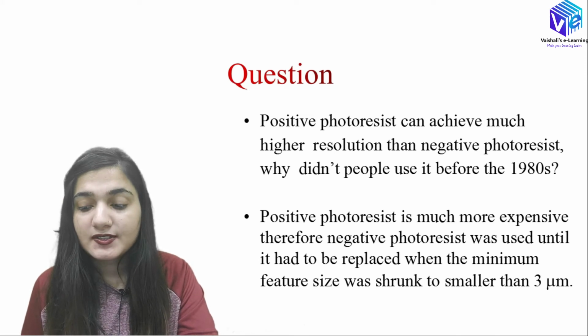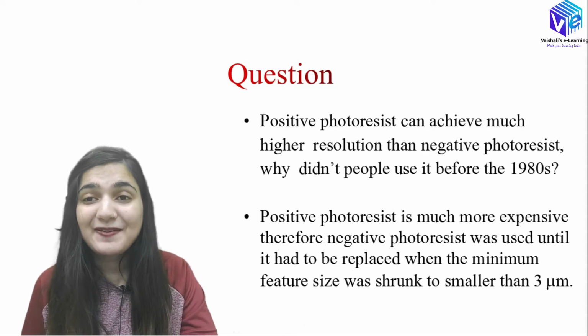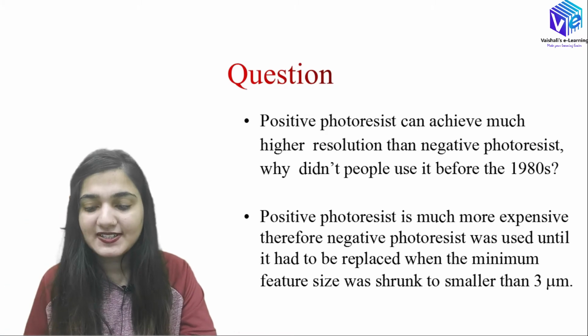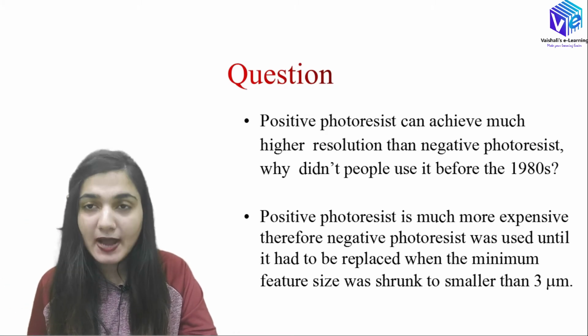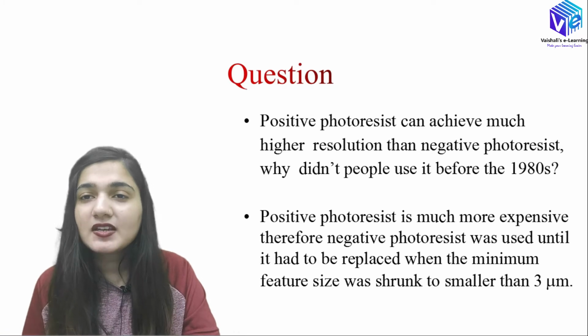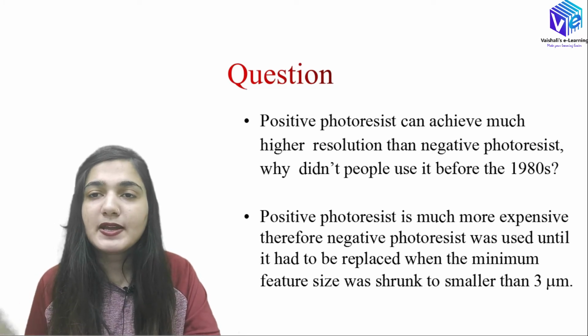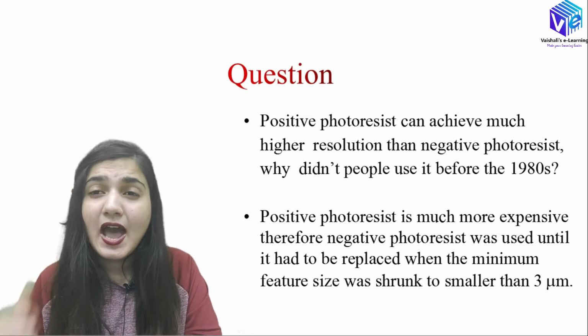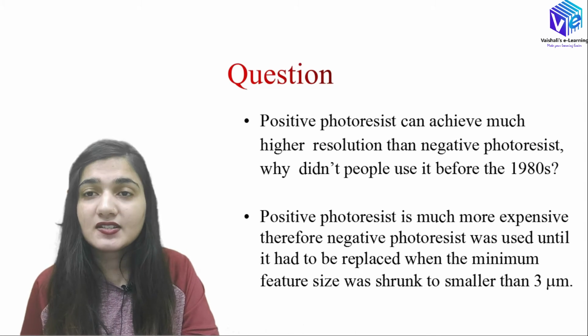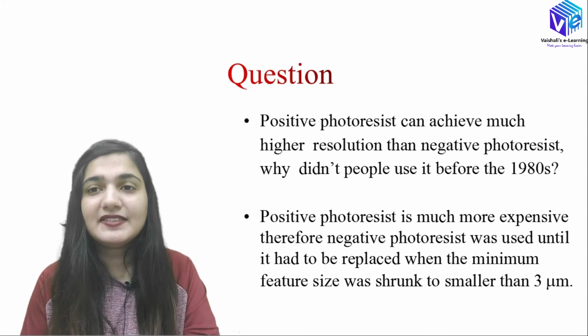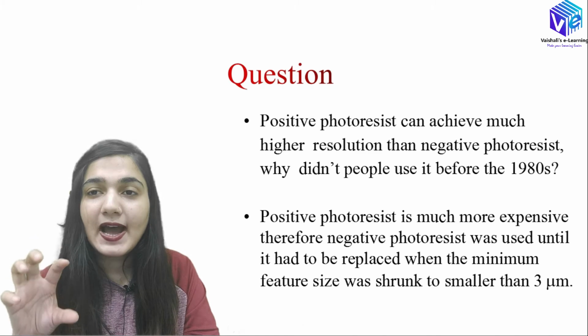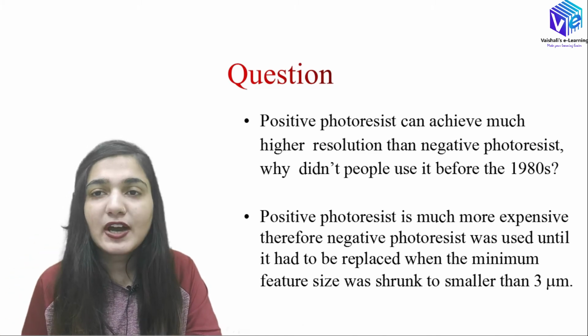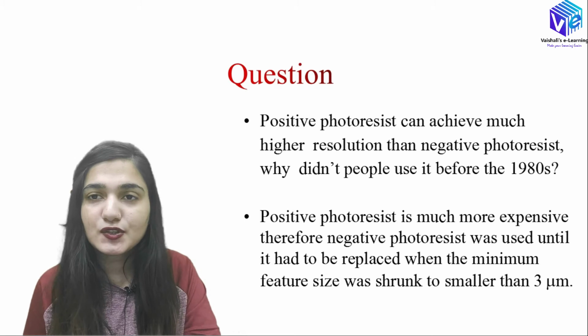The positive photoresist is more expensive, and therefore the negative photoresist was used until the minimum feature size shrunk smaller than 3 micrometer, because smaller than 3 micrometer feature size we cannot make with the negative photoresist, and then we have to switch to the positive photoresist, and the positive photoresist is costly. This is one more reason why we have compact ICs which are costly, because we are using the positive photoresist here which is costly.